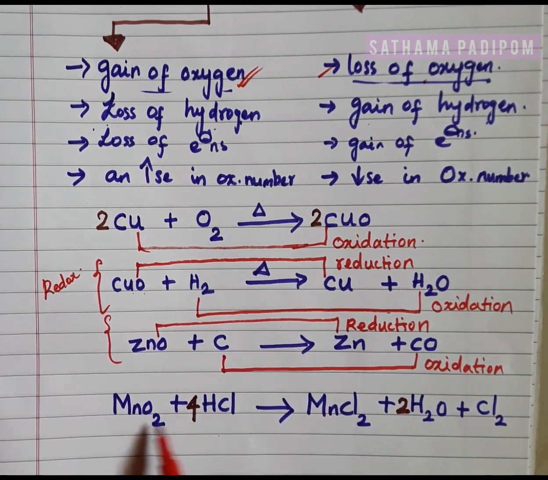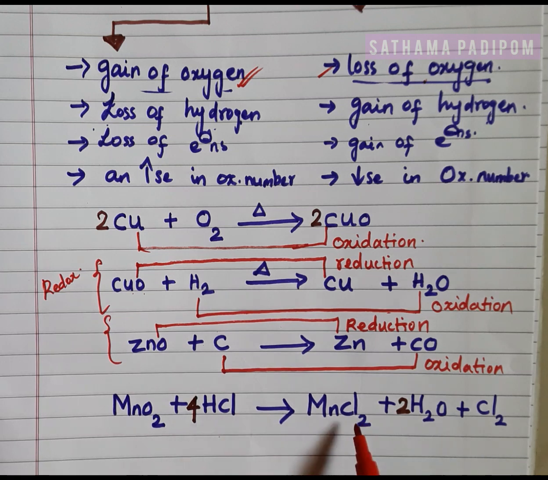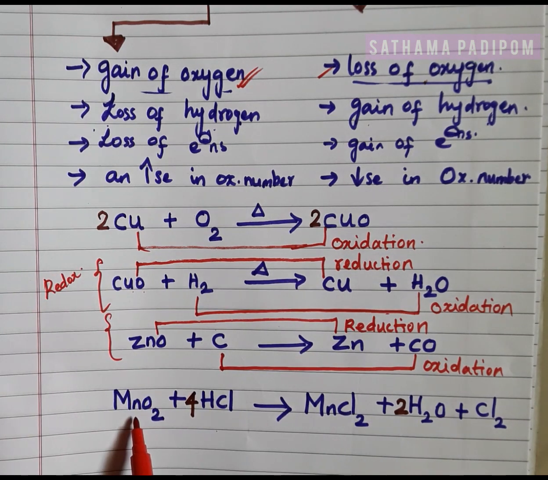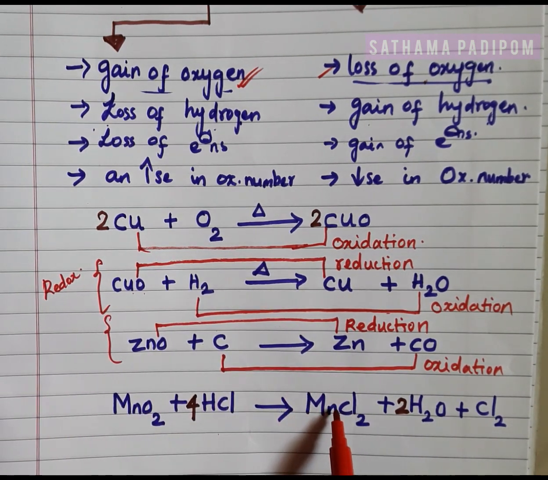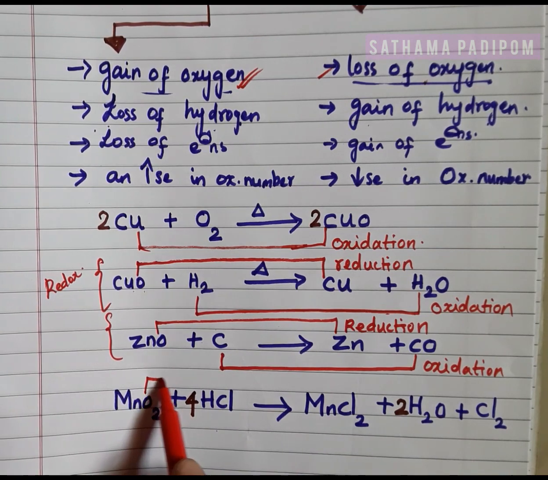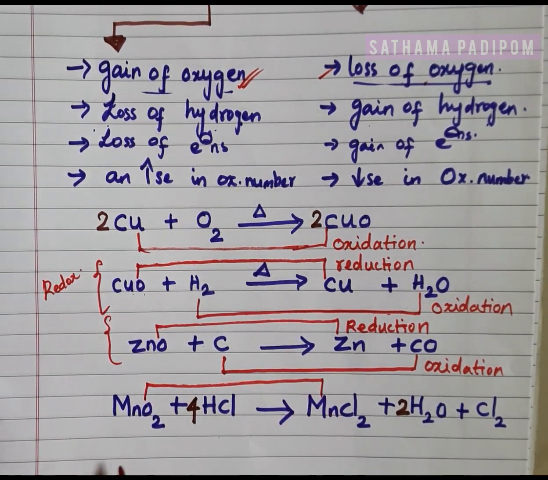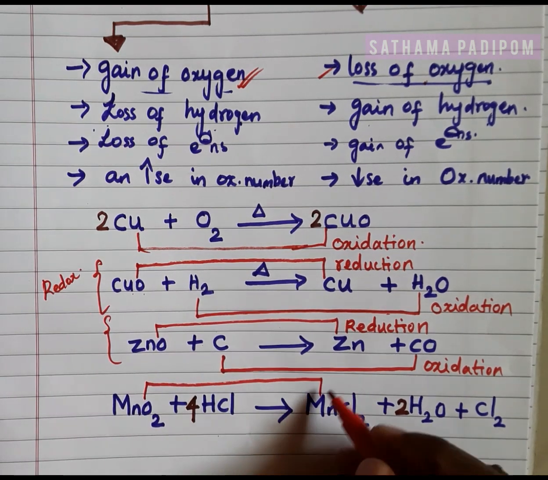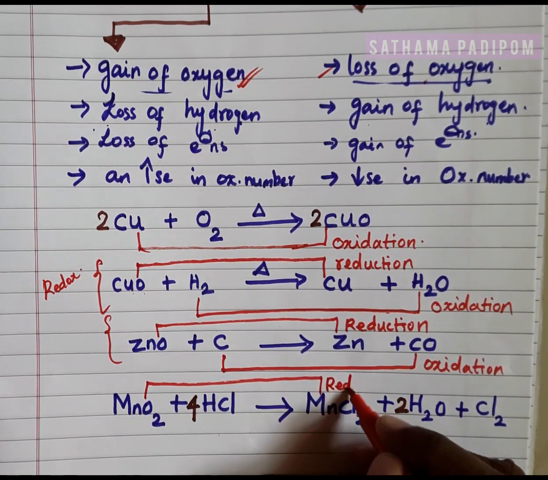Here manganese lost the oxygen, so it is a loss of oxygen. If it is a loss of oxygen, it is a reduction. So manganese dioxide is reduced to manganese chloride. In MnO2, oxygen is not there in the product, loss of oxygen, so this is called reduction.